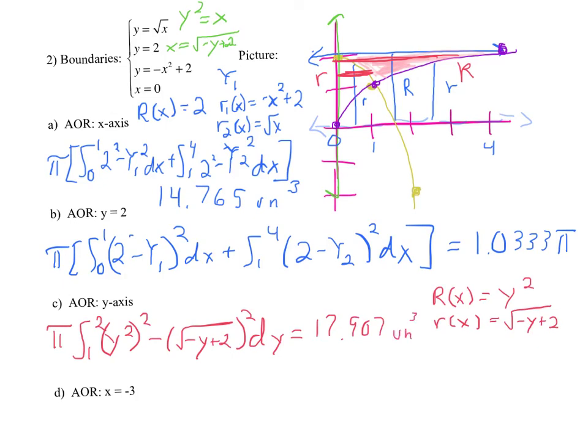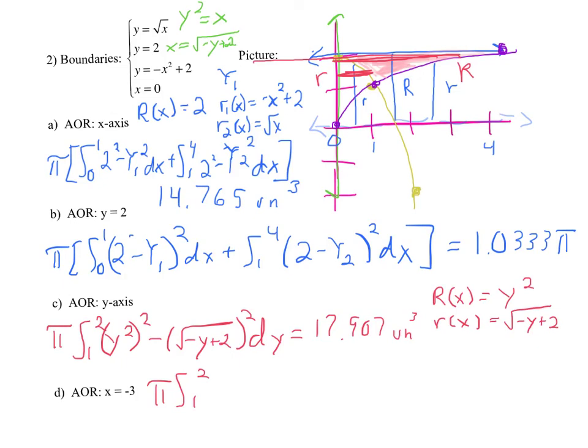If we're going to rotate around x equals negative 3, thankfully we have the same situation. We only need to set up one integral since we will only have one hole. So we'll go from 1 to 2. This time my big radius will be in between my purple function and all the way out to x equals -3.